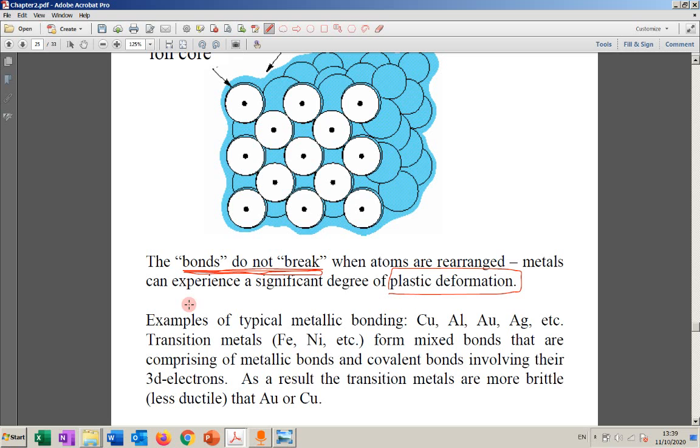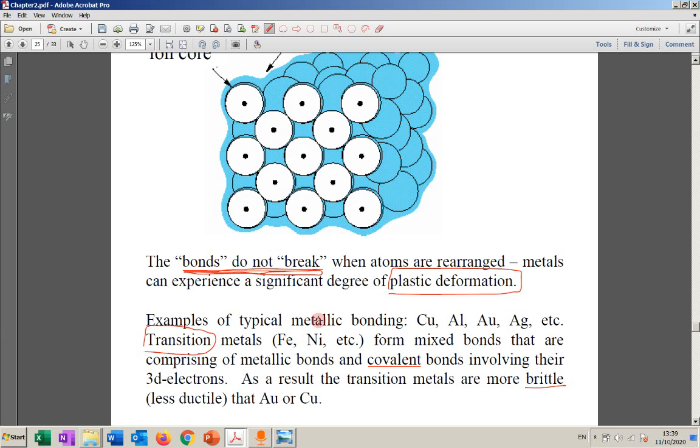Well, not all metals behave this way; we call some of them transition metals. The name transition metal we explained here. It's not a purely metallic bond. Some have mixed bonds, with covalent bonding in between, so they will be a little more brittle.